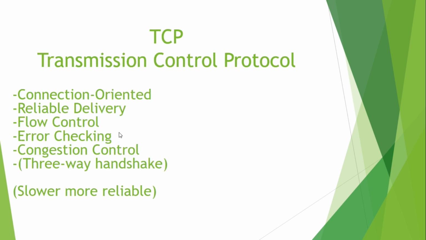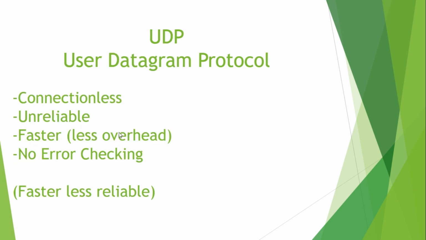So you have your TCP protocol, which is connection-oriented. It's slower, it's more reliable. It makes sure that the data has been sent and received and it confirms it. And then you have UDP, which is basically connectionless. It's faster, but less reliable. It simply says, hey, I sent the message. I don't know if they got it or not. Not my problem. Next message.